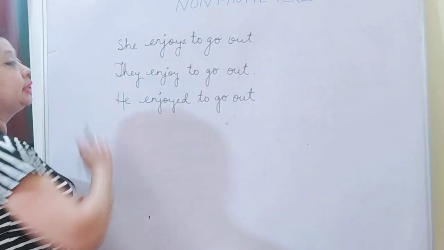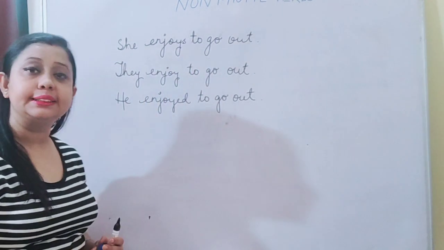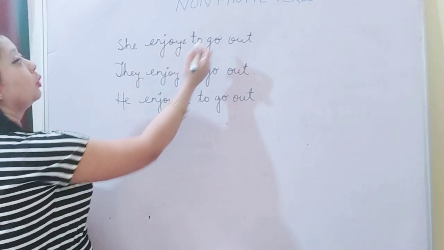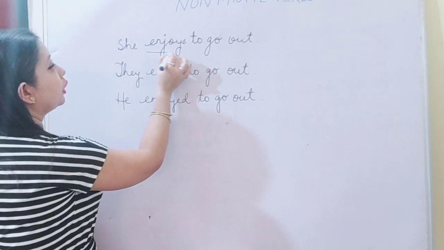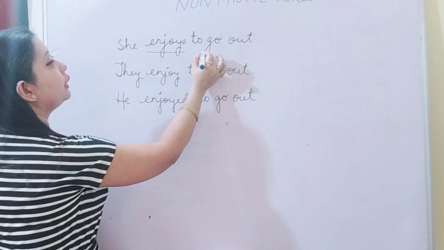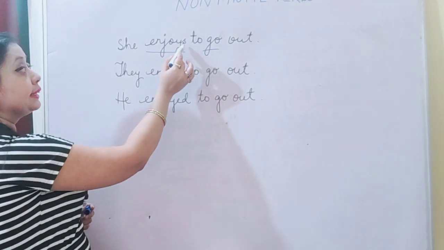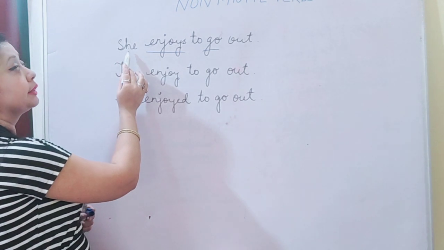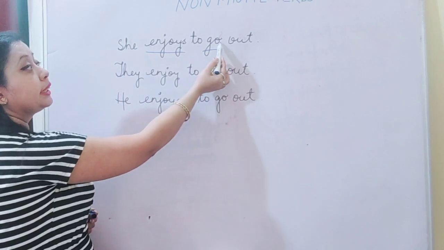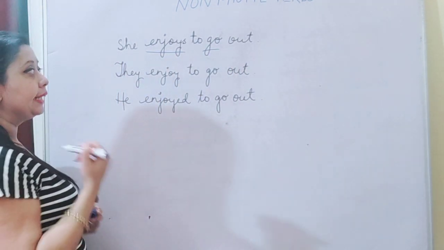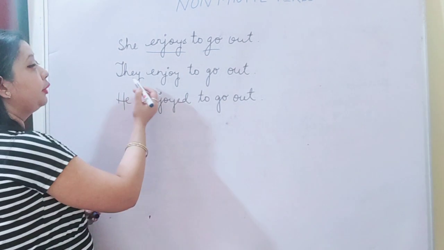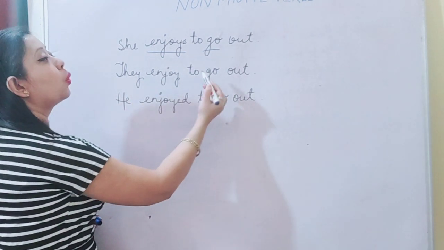But this is not the only verb in the sentence. We have another verb, go, over here. So enjoys is one verb and go is the other verb. But we have put S here because she is third person singular, but we did not put an S over here. Next, in my second sentence, I wrote, they enjoy to go out.